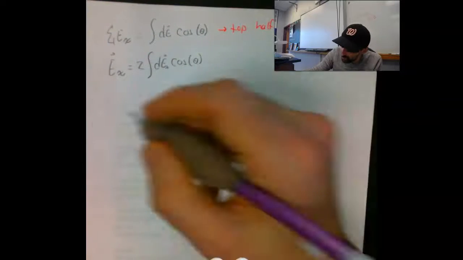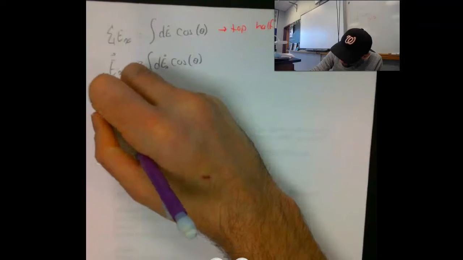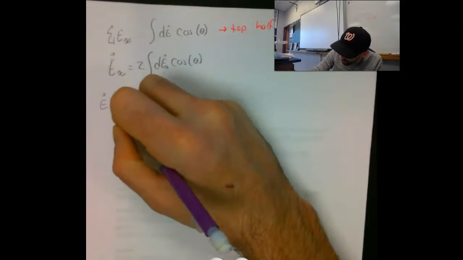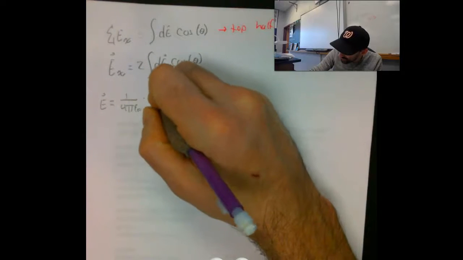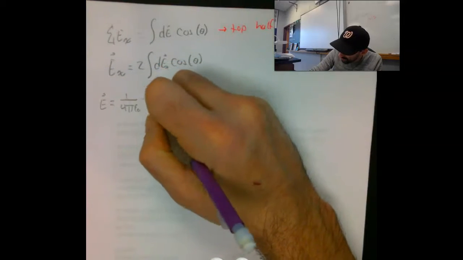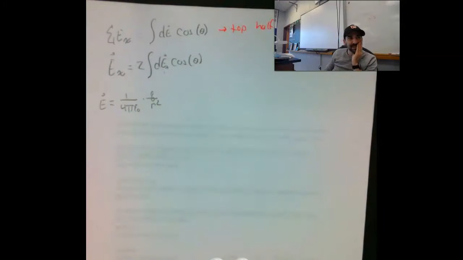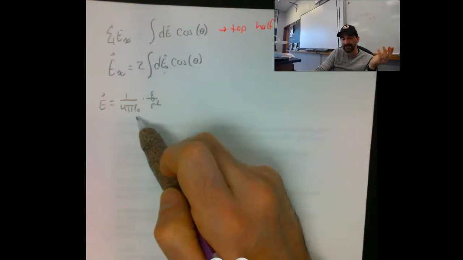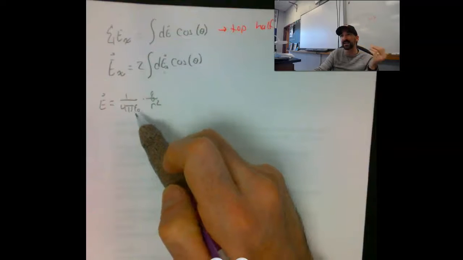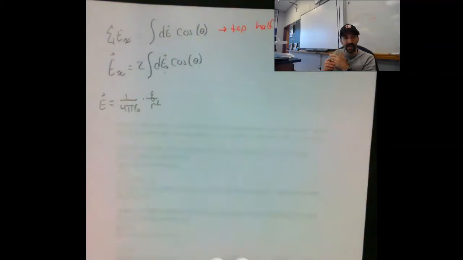All right. Well, let's recall. Electric field is equal to 1 over 4 pi epsilon naught times Q over R squared. Perfect. Now we know that 1 over 4 pi epsilon naught can be simplified as K, the electrostatic constant. I'm keeping it with the permittivity constant for 2 reasons.